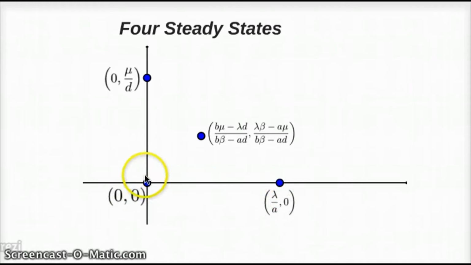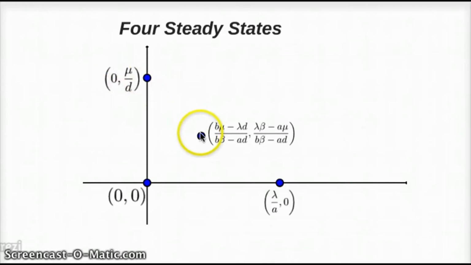The trivial steady state is when both species go extinct, and then this other point is the extinction of species number one, meaning that basically species number two drives species number one to extinction.